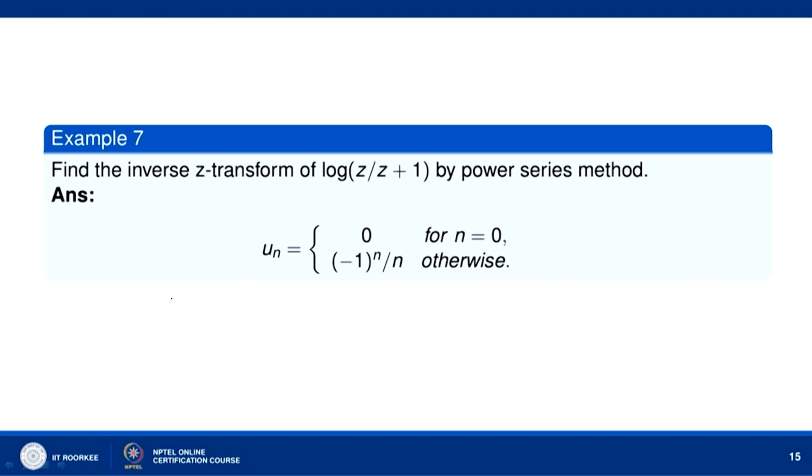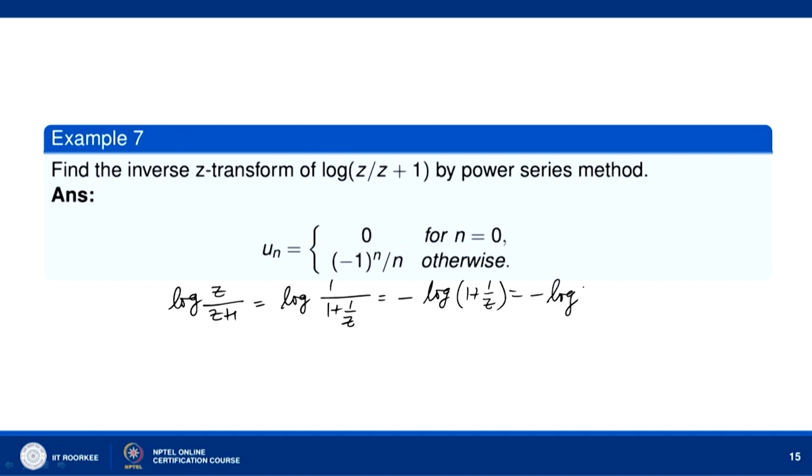So, we can write log z over z plus 1 equal to minus log 1 plus w if w we take as 1 over z. Now, we know that log of 1 plus w can be expanded in a power series if mod of w is less than 1.